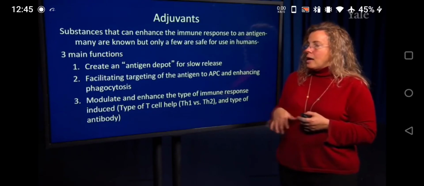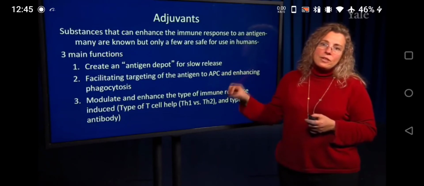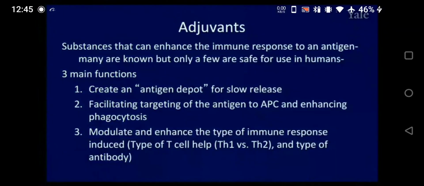Can you use adjuvants to target your antigens more specifically to those innate immune cells that are found at barrier sites? And then can you modulate or enhance the type of immunity?